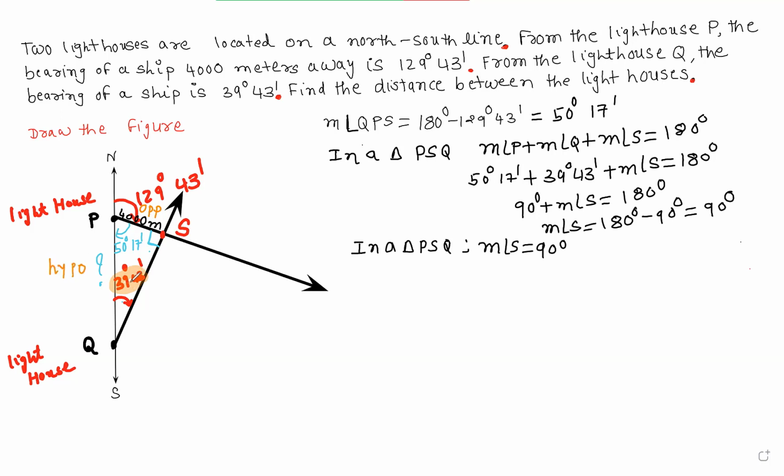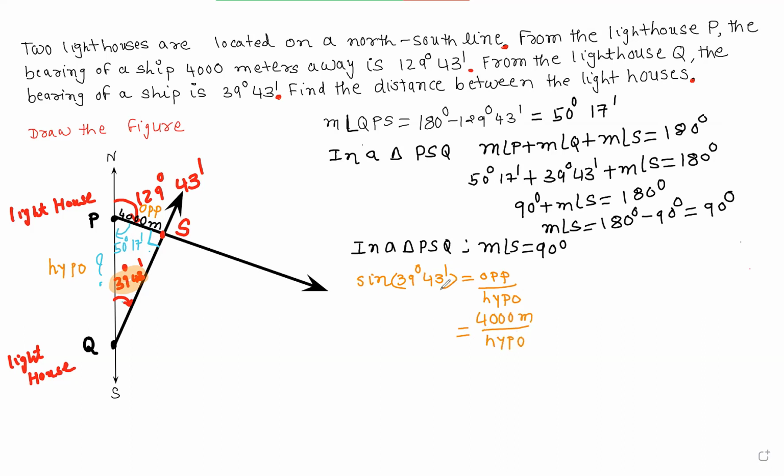If I use this orange angle, I will say sine 39 degrees and 43 minutes. Why? Because I wanted to use the opposite side because that is given as 4,000 meters. Sine 39 degrees 43 minutes equals opposite over hypotenuse, which is equal to 4,000 meters over hypotenuse.